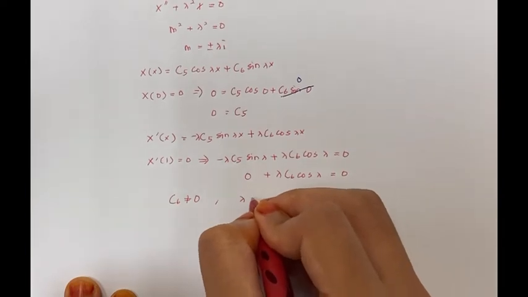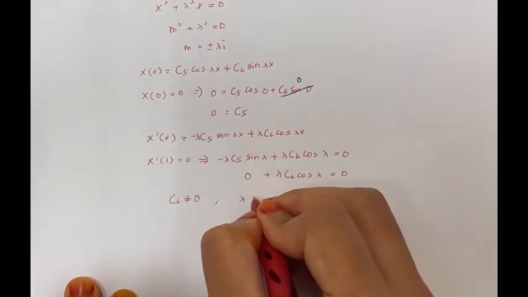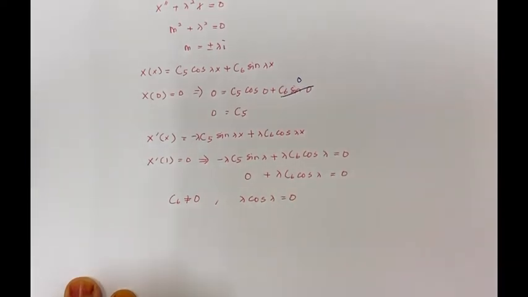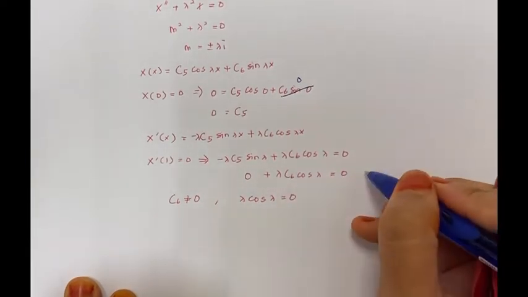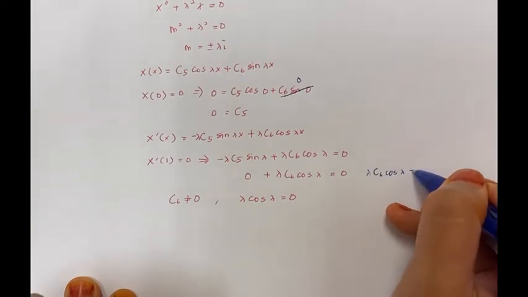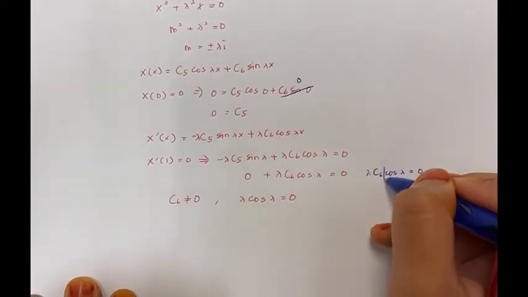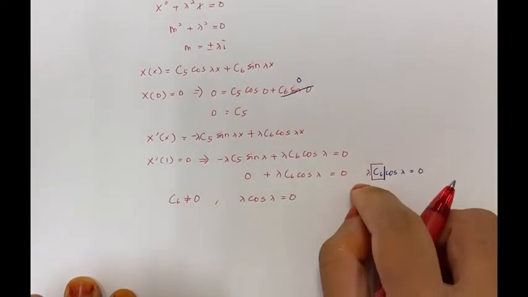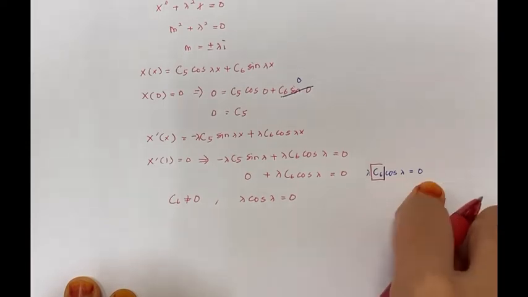So lambda cos lambda should be equal to 0. You have lambda c6 cos lambda equal to 0, but c6 cannot be equal to 0, so lambda cos lambda should be equal to 0.